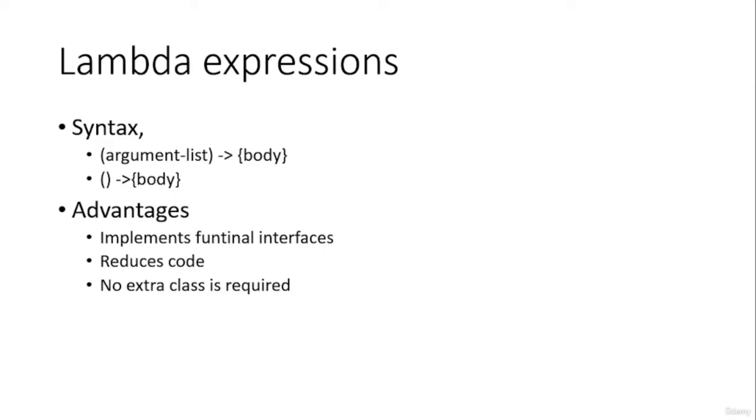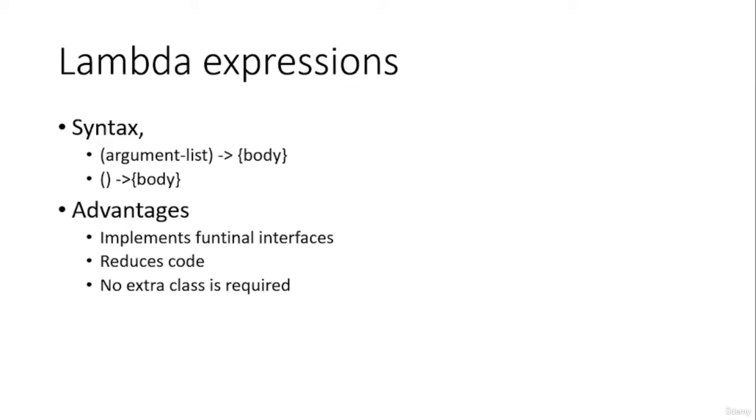Whatever parameter list that single method has, we have to supply as the lambda's parameters. And on the right hand side, after the arrow notation, we have to write the body of the functional interface's method. Like that, we can implement the method without much worry.